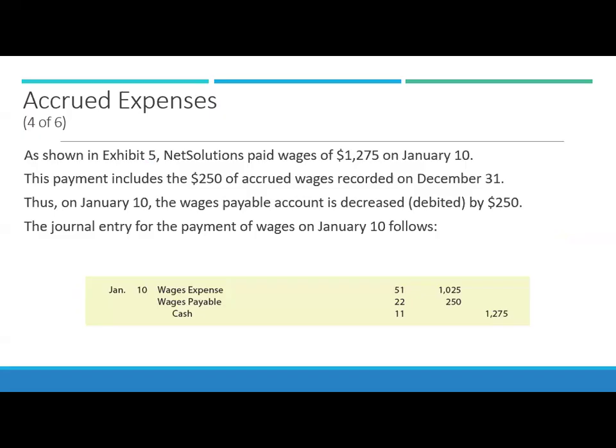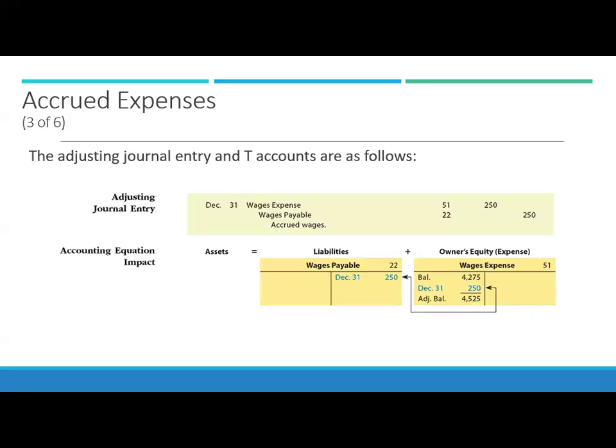Only $1,025 of the $1,275 in cash paid on the 10th is allocated to January, because the $250 was already allocated to December in the adjusting journal entry at the end of the month.